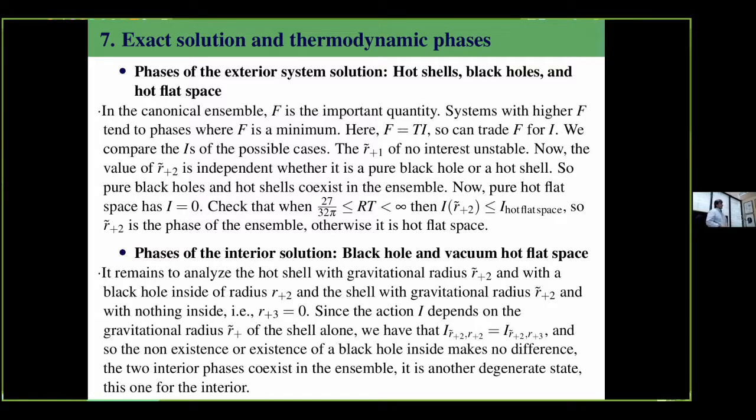Now we want to analyze, for this equation of state, if we have a hot shell, whether a black hole inside or nothing inside is preferable. But we have just seen that the action depends only on the gravitational r+. So the action of the shell with a black hole inside and the action of the shell without anything inside is the same.